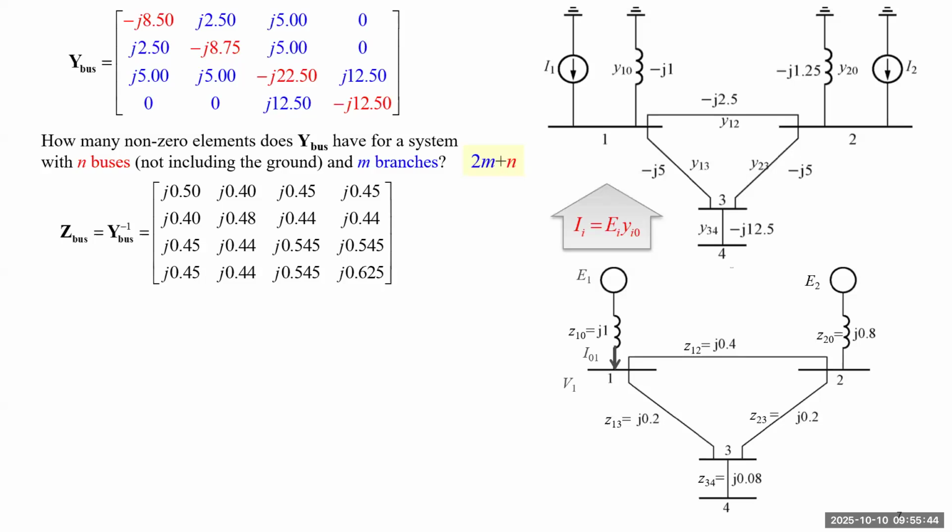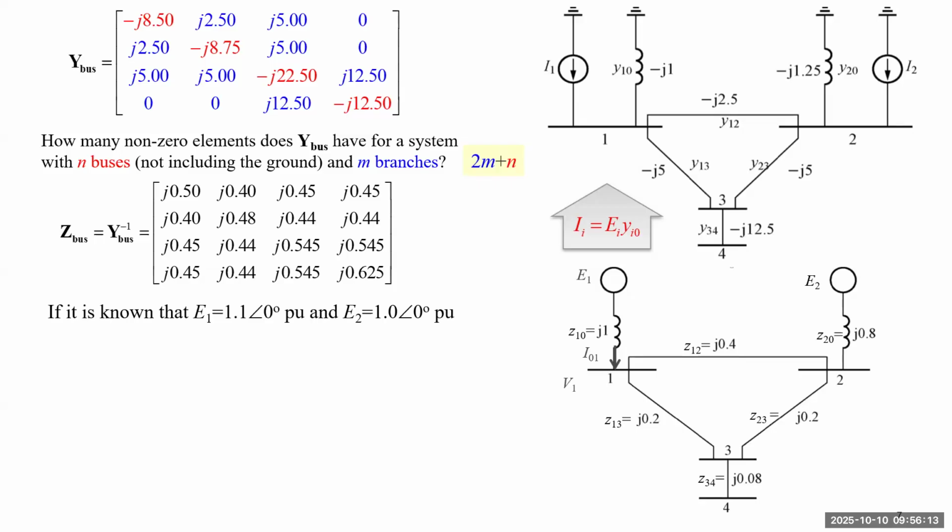But if we calculate its inverse, which is the impedance matrix, every element is non-zero, right? So if you deal with a 1,000 bus system, the impedance matrix will have a million elements you need to deal with. That's why using the admittance matrix is more convenient and more efficient than using the impedance matrix.